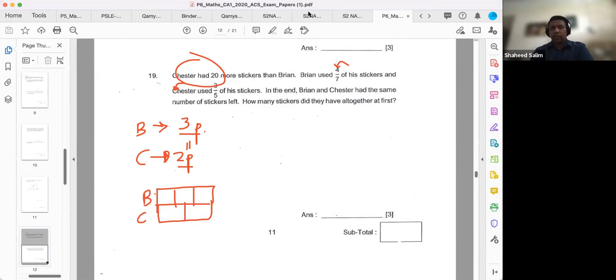How can you show me your model? Okay, I'm going to show you what you drew.